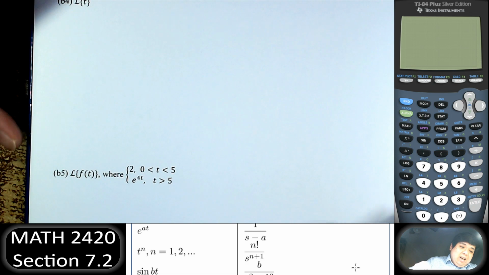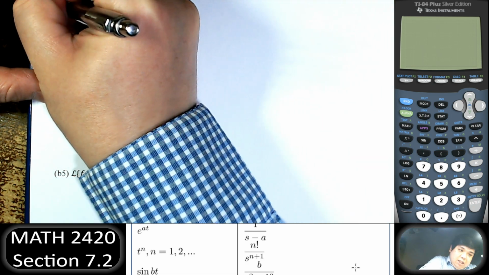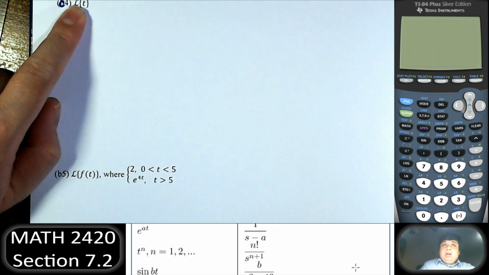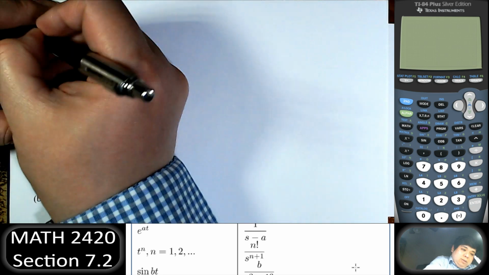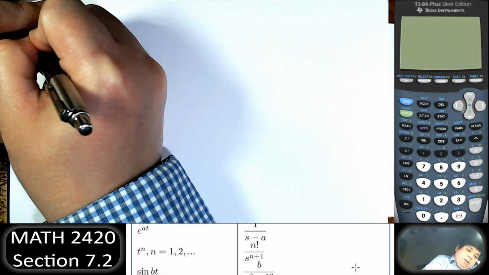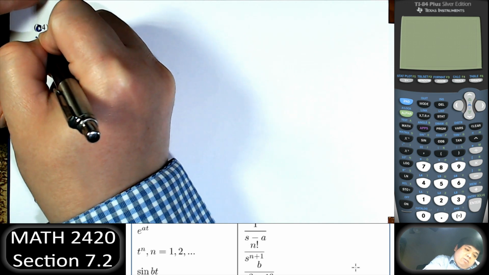Next, also use the definition. This is C4, trying to find the Laplace transform of t. So again, script L, the Laplace transform of t.